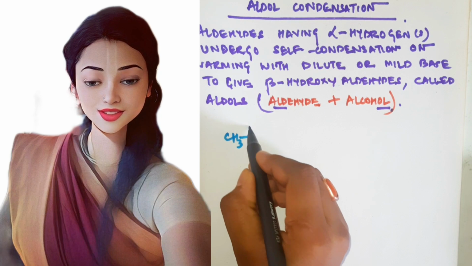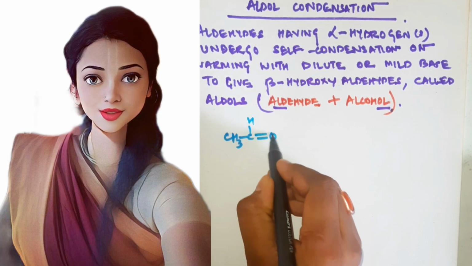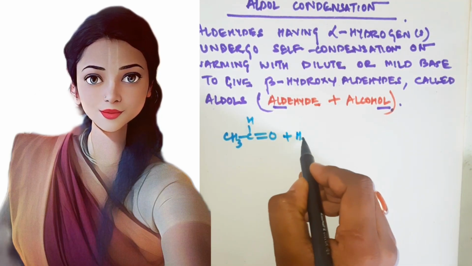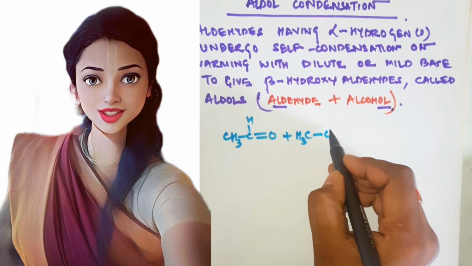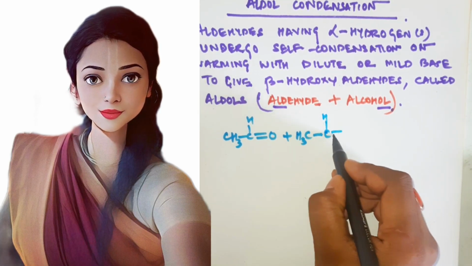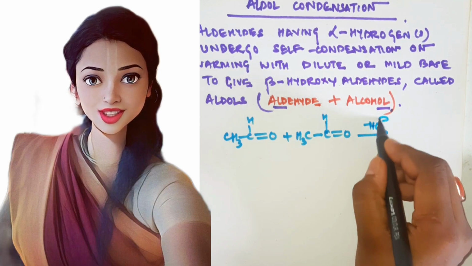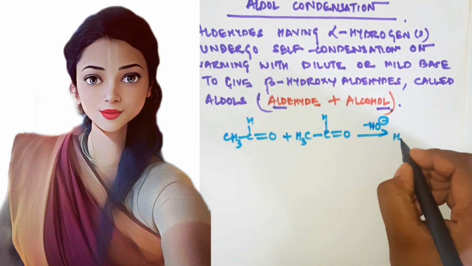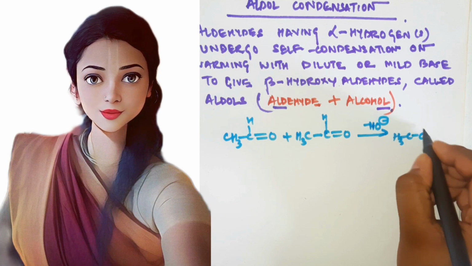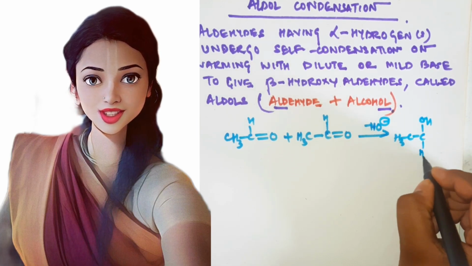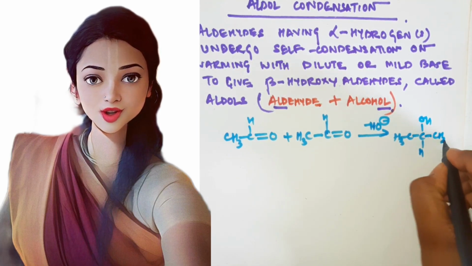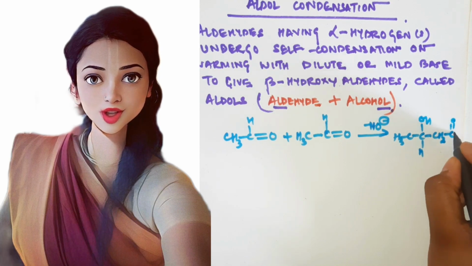If you take this aldehyde, suppose CH3 C double bond OH, and take the same molecule again, you can also take different molecules and see different products, but now we are going to take the same molecule only. I will explain later why different molecules give different products, and which is actually helpful and which is not. So in the beta position we are going to get a hydroxy group.